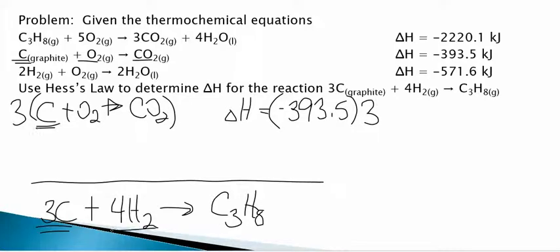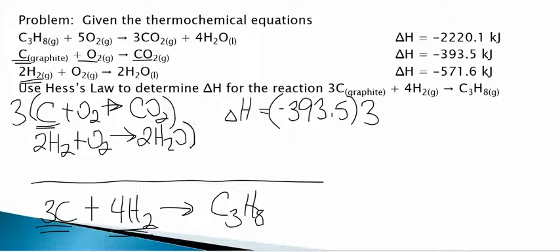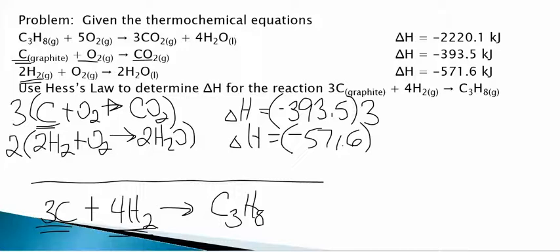My next one, 4H2. Go back up to my equations. I have 2H2. So I'm going to write that equation, 2H2 plus O2 forming 2 water. But I need 4 H2s, so I'm going to multiply that by 2. So that means delta H, which was negative 571.6, gets multiplied by 2.